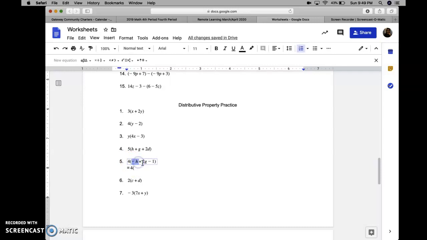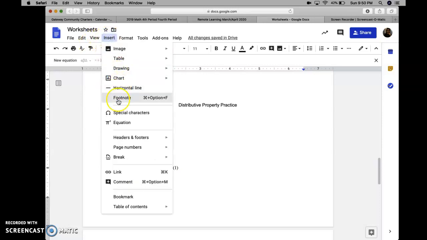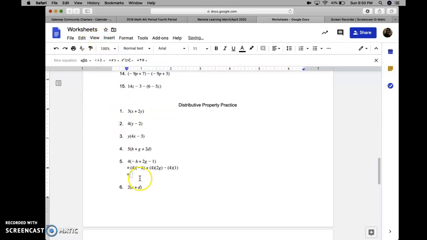The terms are negative h, 2g, and 1. So we multiply 4 by negative h, and we multiply 4 by 2g, and we multiply 4 by 1. I'm going to put parentheses here since I put parentheses in the other ones too.